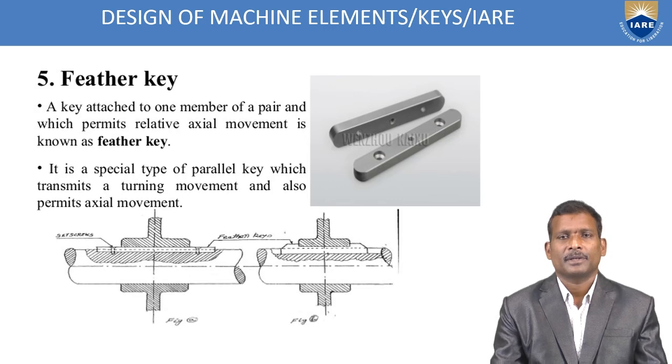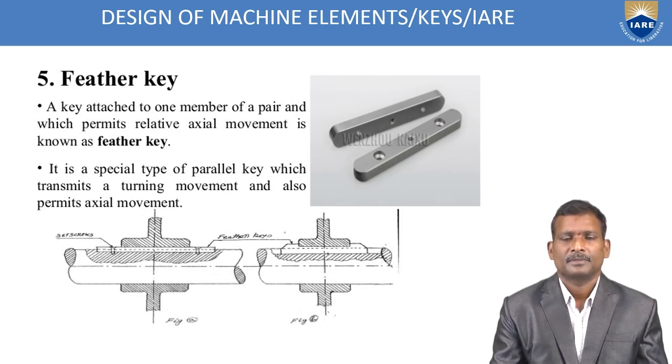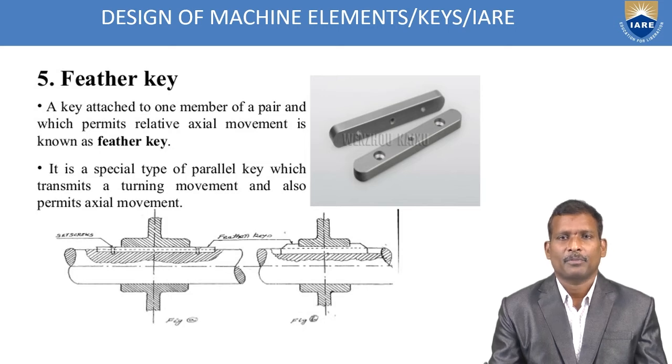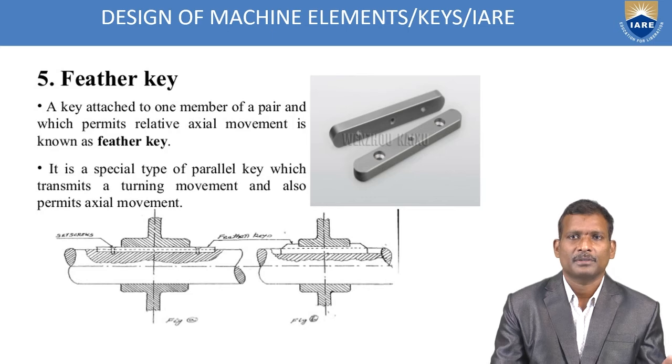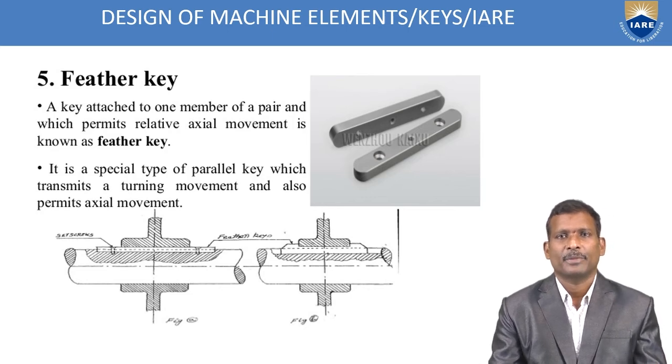Next type is the feather key. A key attached to one member of a pair, which permits relative axial movement, is known as a feather key. It is a special type of parallel key which permits relative axial movement.